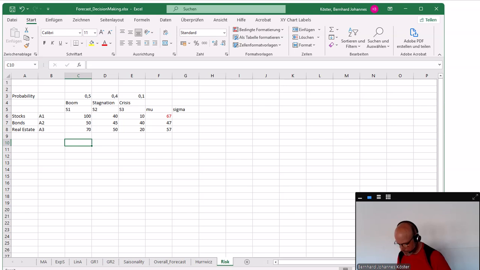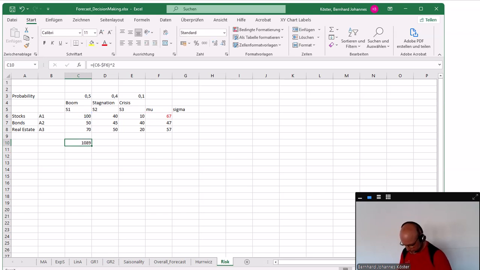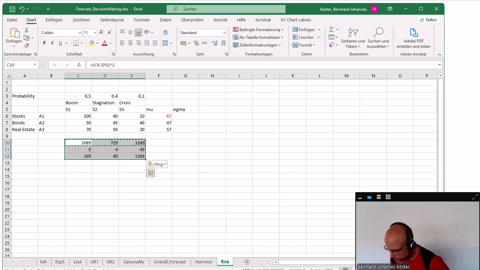So maybe it works a little bit faster. This minus this one, and now the latter, and hopefully. Can this be true?